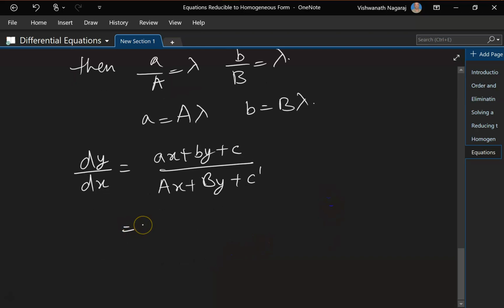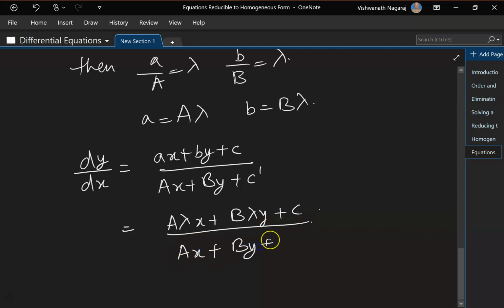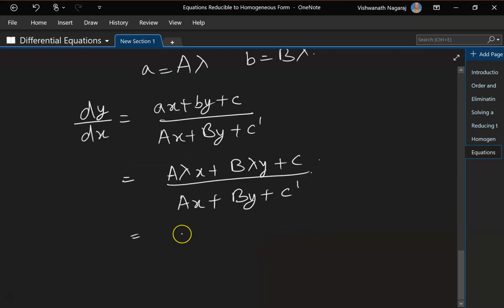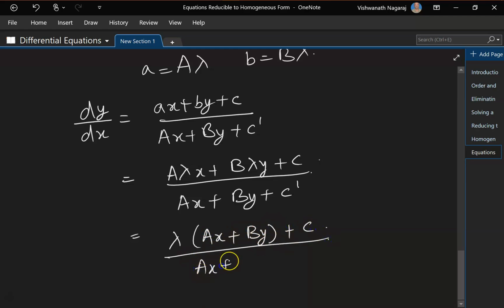Okay, now we substitute a = A lambda: (lambda A x + lambda B y + c) divided by (Ax + By + C'), and in the numerator let's take out common lambda, so we end up with (lambda(Ax + By) + c) divided by (Ax + By + C').